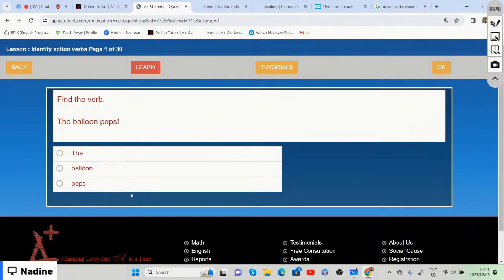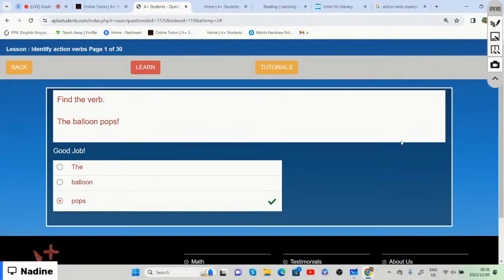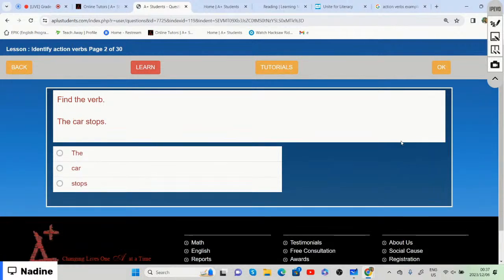And if we were to find or identify the verb within that sentence, then we can say pops. Because that basically tells us or shows us what happened, right? Or the action that took place. And pops is correct. So well done.